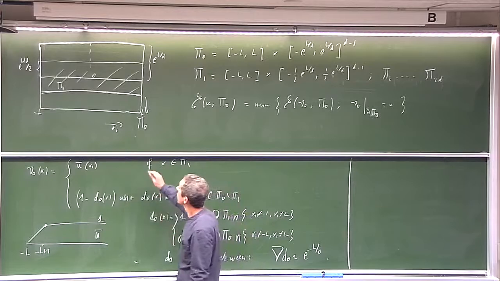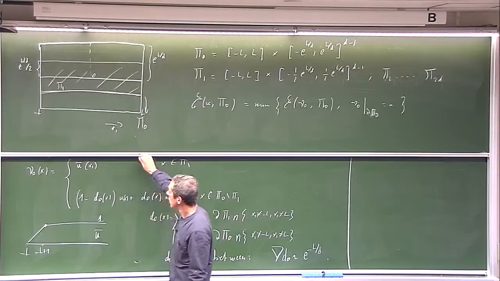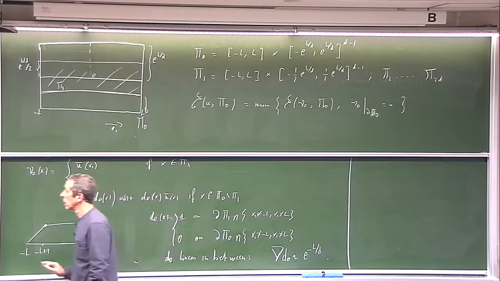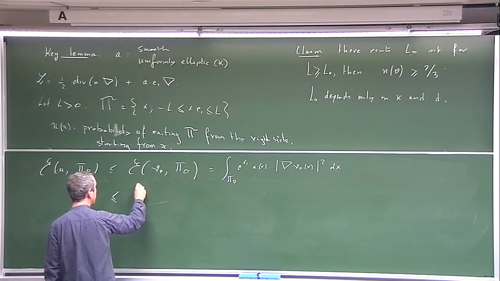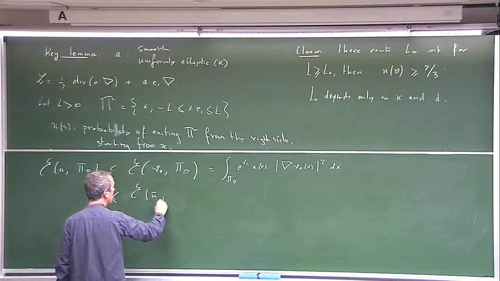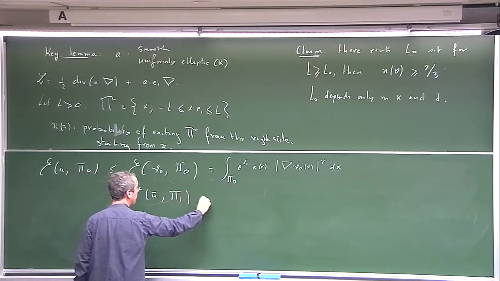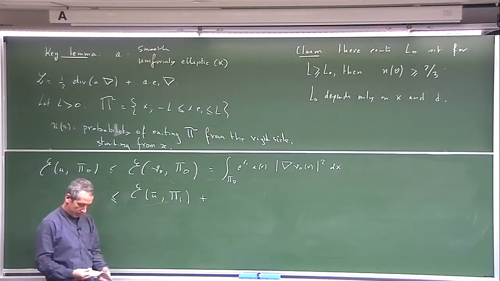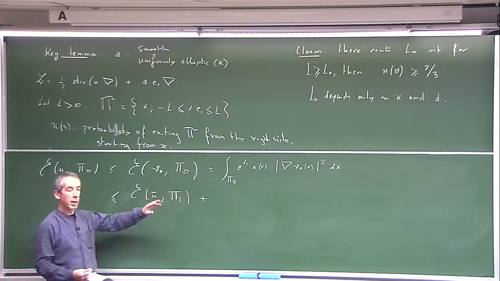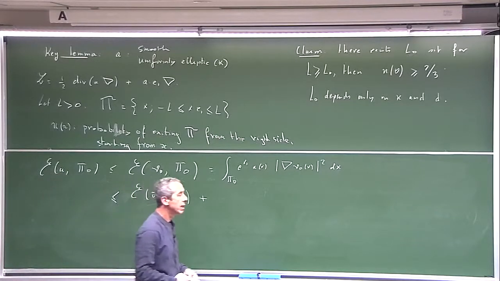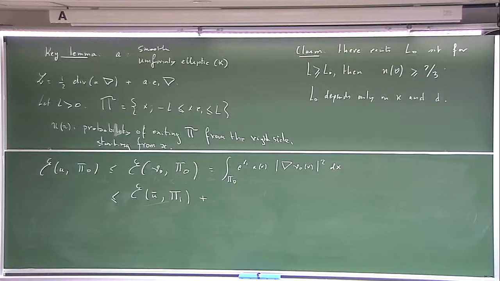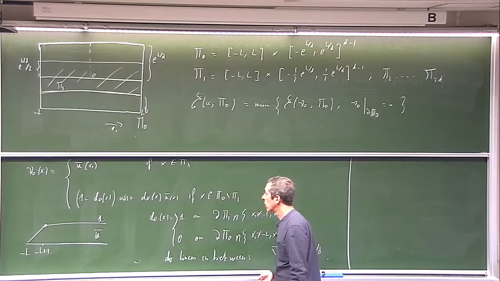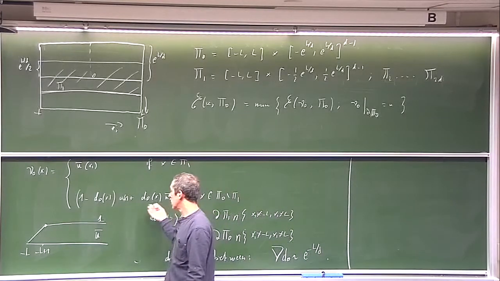Now, there is an integral over pi 1. But in pi 1, we only have u bar. So when we restrict the integral to pi 1, we just get the energy of u bar in pi 1. That will not be the difficult part because u bar is explicit enough and its energy can be easily bounded. Then we have to look at what happens in pi 0 minus pi 1. And then we have different terms. So we have to apply the gradient to this expression.